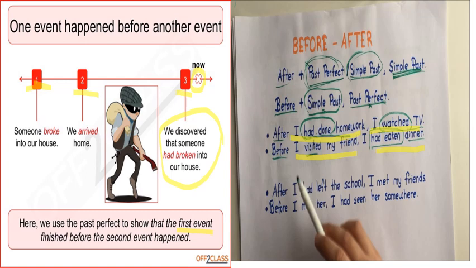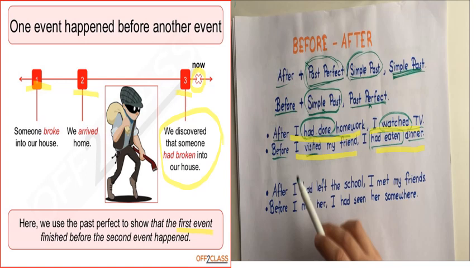Okay, another example. After I had left the school, I met my friends. Two actions: first of all, I left the school, and then I met my friends. Therefore, the one with had is the first event, and I met my friends is the second event.